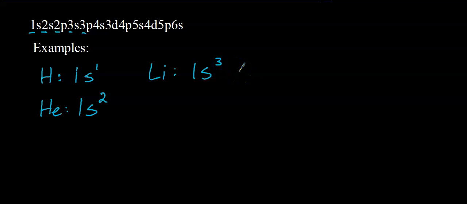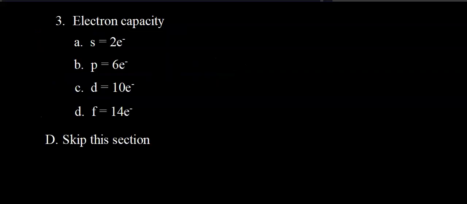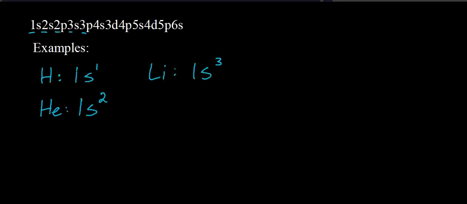That is not right. Why not? Let's go back here. What is the maximum number of electrons that can fit in any and every s sublevel? The maximum is 2. So anytime you're writing an electron configuration, the largest superscript you'll use after s is 2. But we still have more electrons.